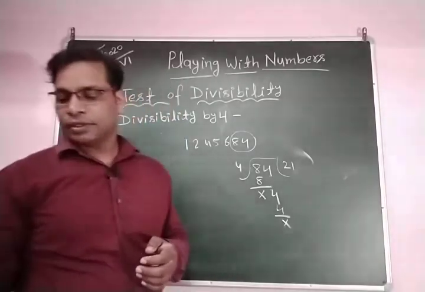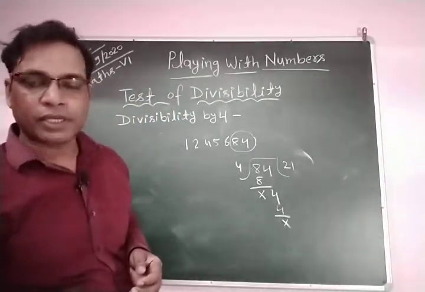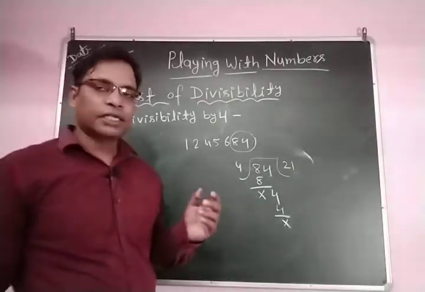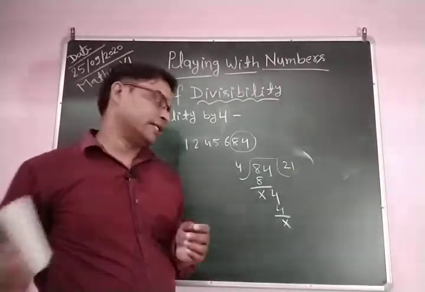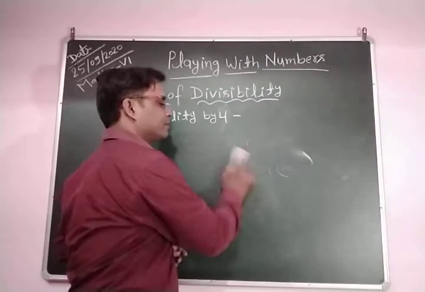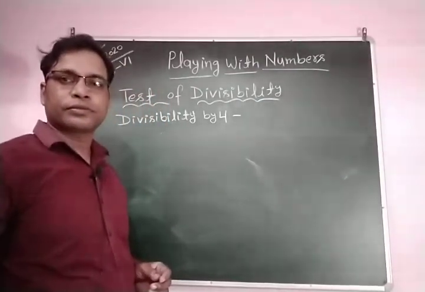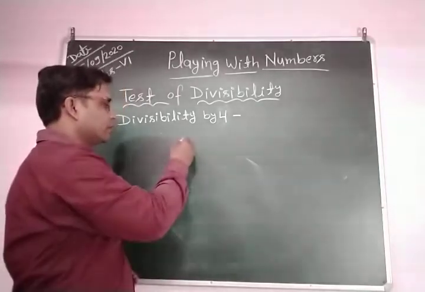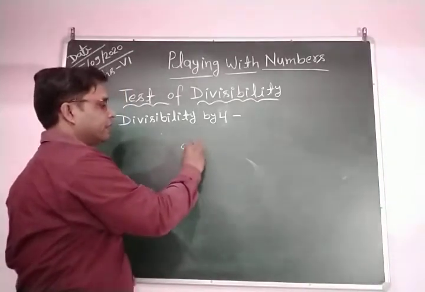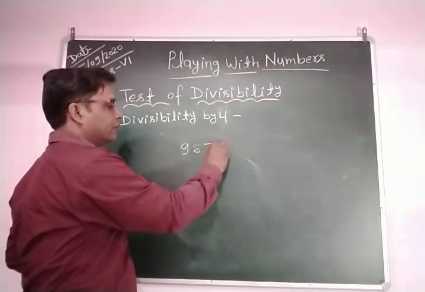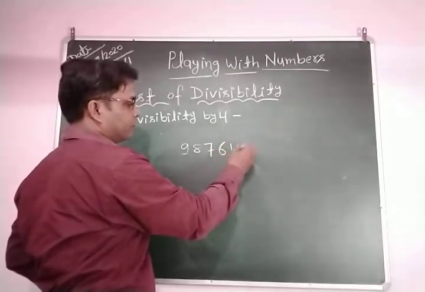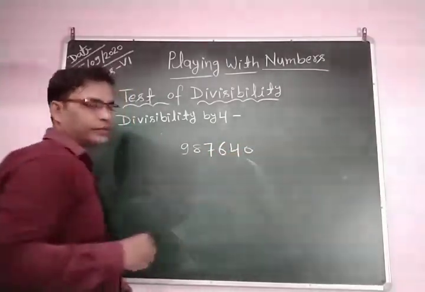Clear? Now we take another example to test whether the given number is divisible by 4 or not. 9, 8, 7, 6, 4, 0.